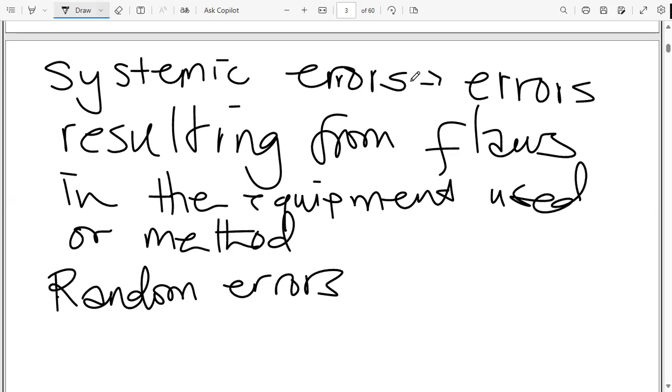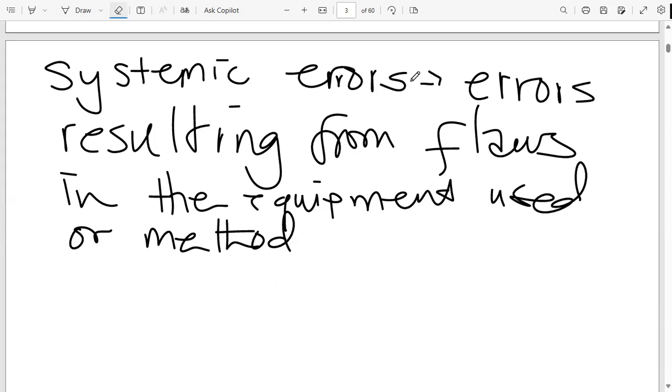So when you have errors that are due to these, we're going to call those systemic errors because they're arising from the materials, the equipment that you're using. It's the system itself that is giving you that error, or the actual method that you are using in order to come up with that measurement. So we're going to call that a systemic error.